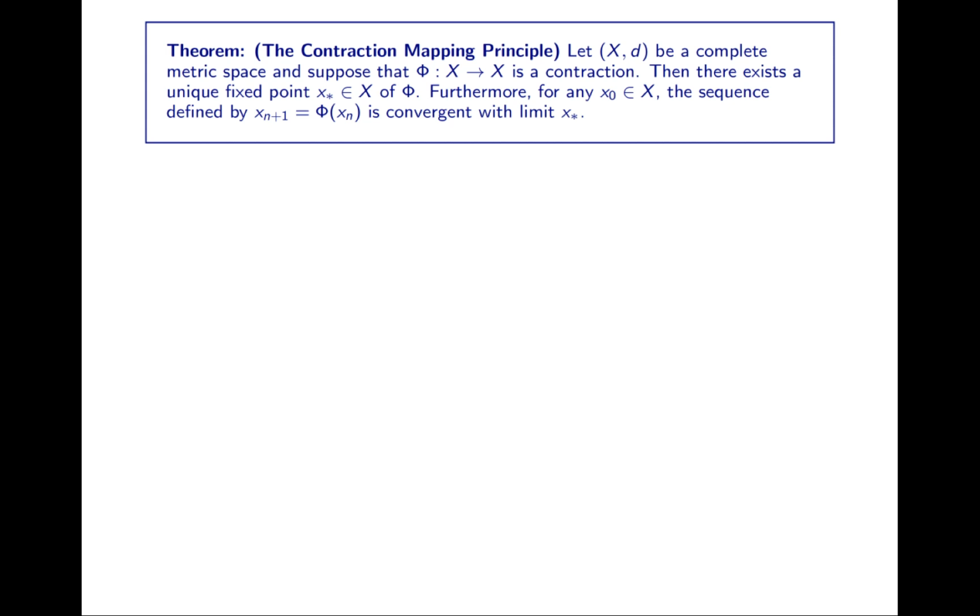Then there exists a unique fixed point x star in X. Furthermore, for any starting point in your metric space, the sequence defined by the recursion x_{n+1} equals phi of x_n converges to that fixed point. That's exactly what we saw played out in the previous animation.